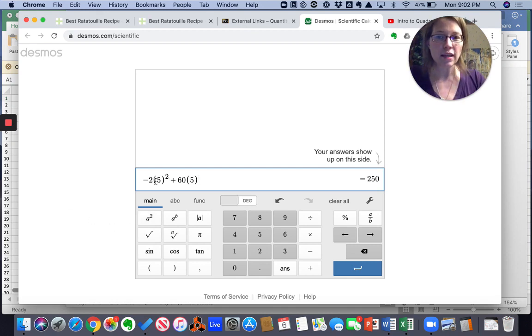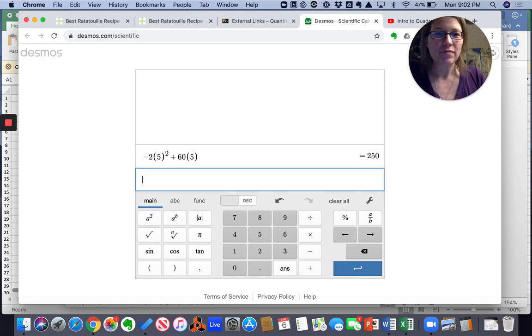So do you see how this is our same equation? Negative 2 times x squared plus 60x, and I'm plugging in 5 for x. I'm saying, what if 5 is that width, this side, not this side. Let's see what the area is. It's 250. So let's try 10.